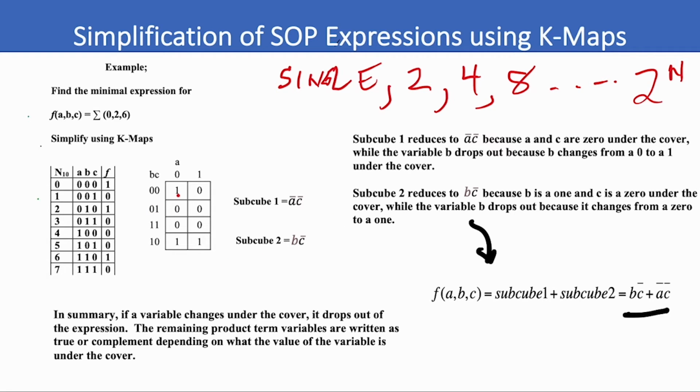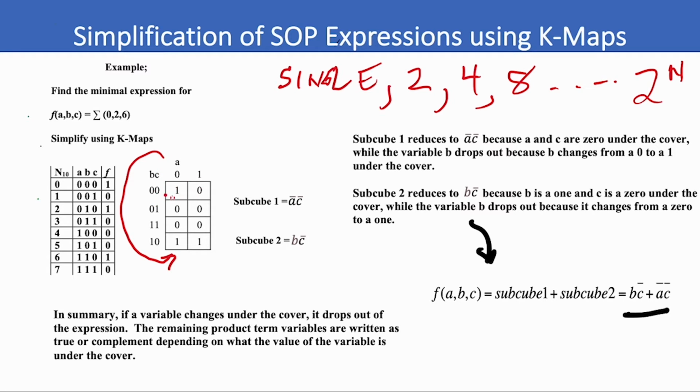So we know that all of row 1 right here is adjacent to row 2 and also adjacent to this row down here. Remember, this is adjacent to the bottom row. Okay, so what we're trying to do is cover, in other words, draw a circle around as big a cover as we can. In other words, cover as many ones with one cover as we can to get a more minimal solution.